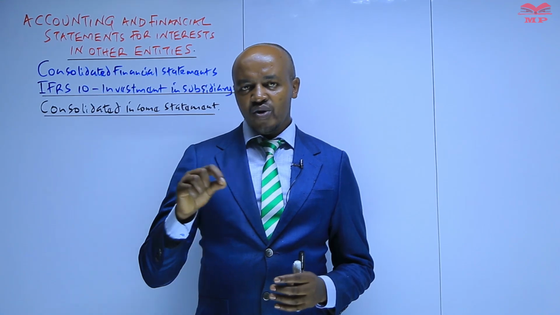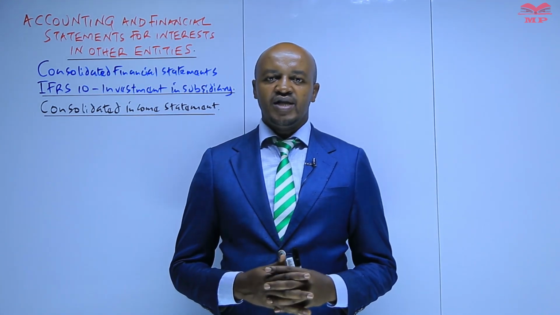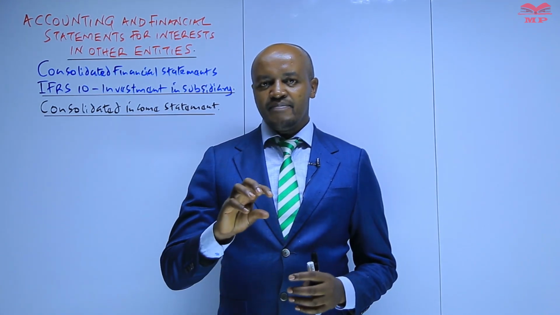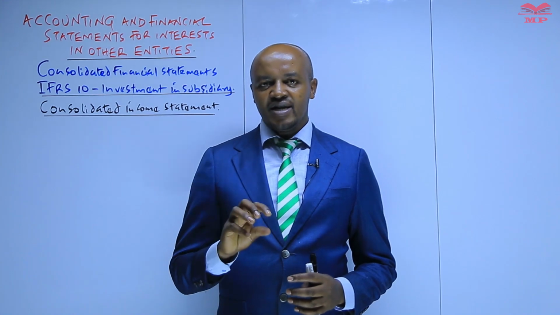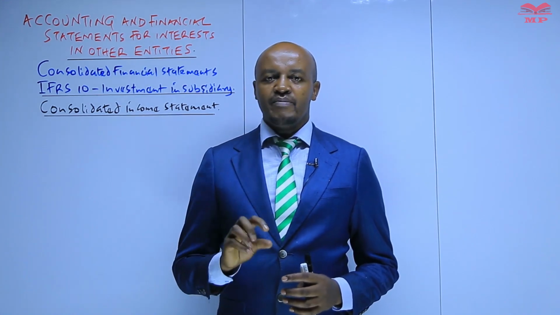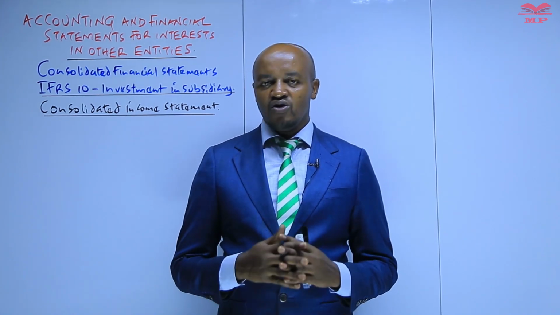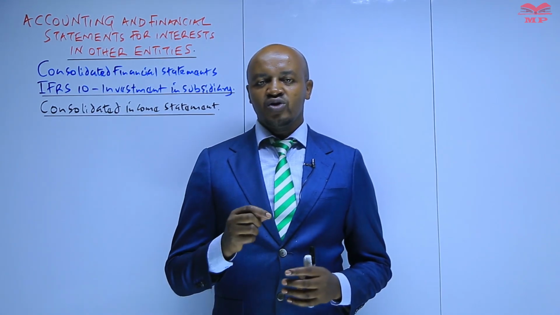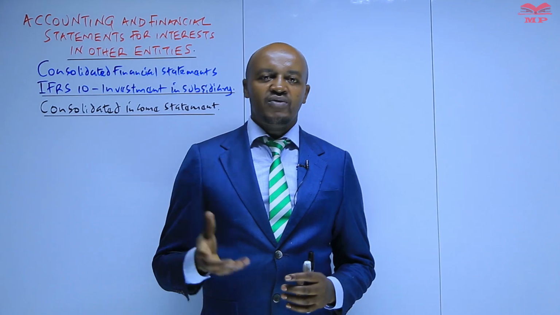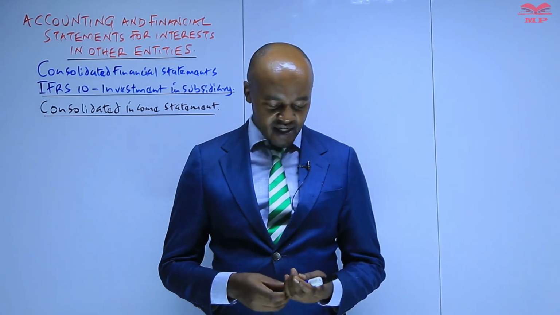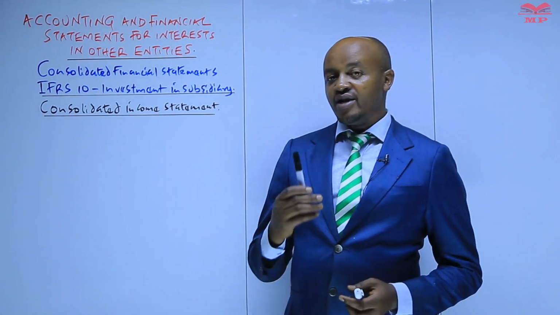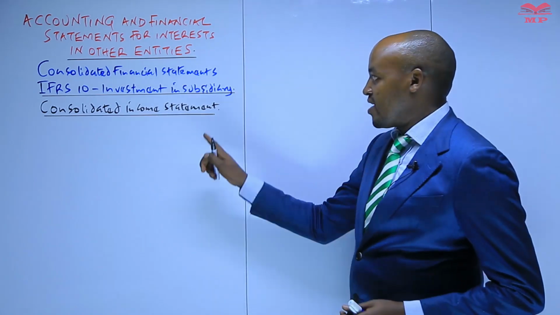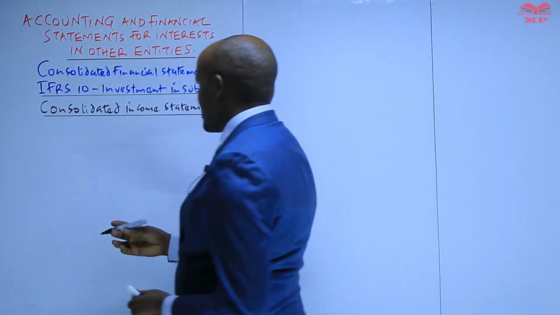So when the parent company is preparing the consolidated income statement, it should do that by adding together or combining similar items of revenue and expenses, those of the parent and those of the subsidiary. But equally, there are a number of consolidation adjustments which are necessary during the preparation of this consolidated income statement.